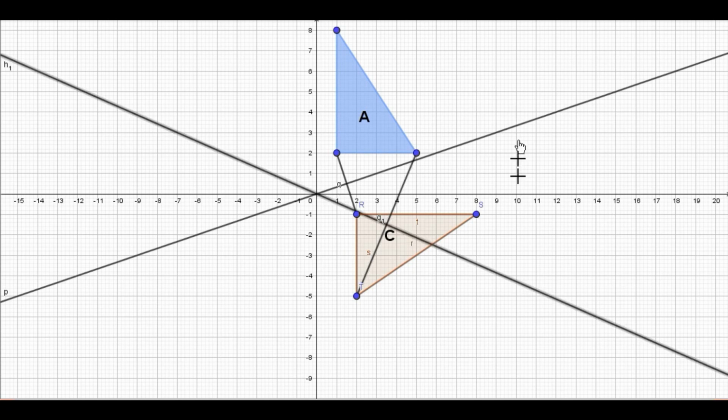After drawing the perpendicular bisectors, the lines intersect at a point, and the point where they intersect is the center of rotation. We got it as 0, 0. Like this we can find the center of rotation.